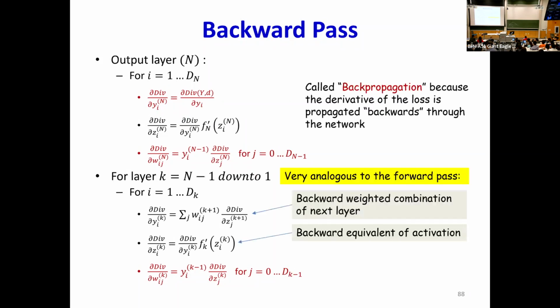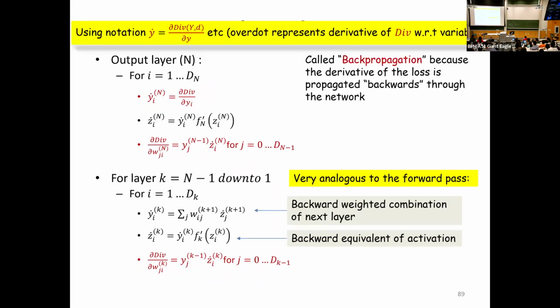It's actually very analogous, right? So just to help you see why this is the case, let me use a dot notation. When I put a dot on top, it means it's the derivative of the divergence with respect to that variable, okay? And look at what's happening. The derivative with respect to the output of the neuron is the weighted sum of the derivatives at the affine values to the next layer, right?